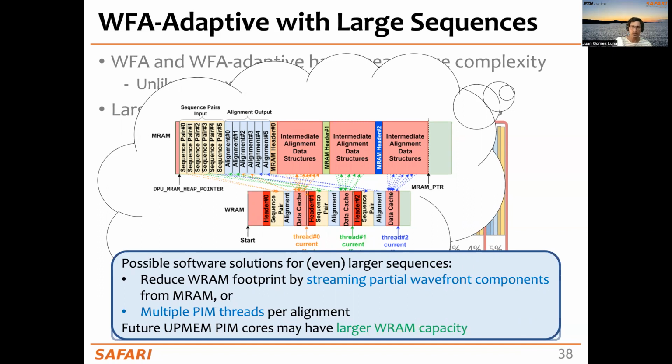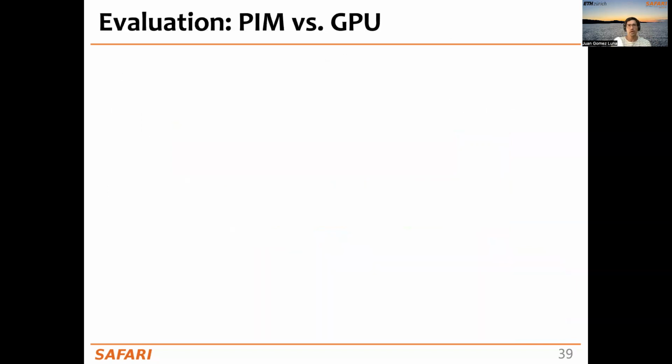Remember that in the current version of alignment in memory, we are assigning one alignment per thread. But one way to alleviate the limitations imposed by the limited WRAM size is to use multiple PIM threads per alignment as well. And hopefully in future PIM systems and in future UPMEM PIM cores, we will also see larger WRAM capacity that will alleviate this limitation as well.